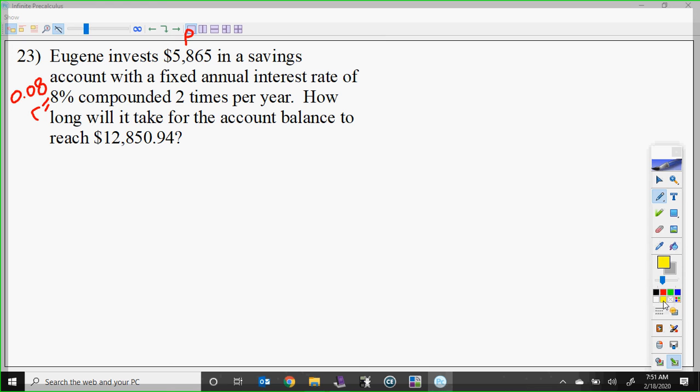We're given our compounding 2 times per year, so that means I'm going to use our k equation, and that is k. And then account balance, there's our A, and then again we're looking for t.